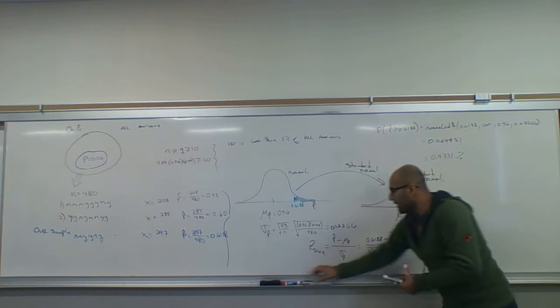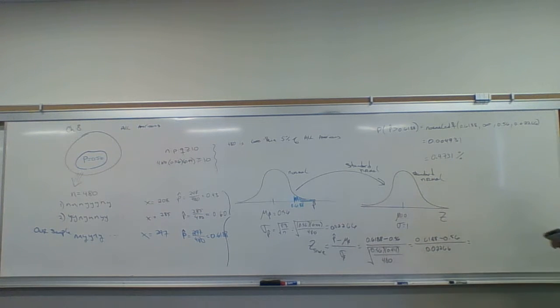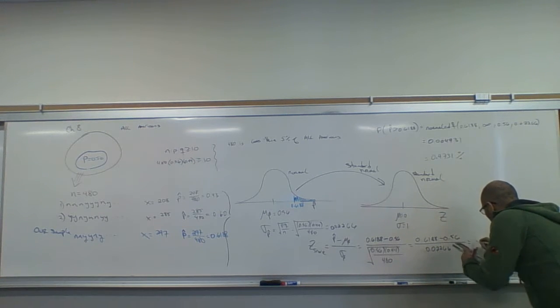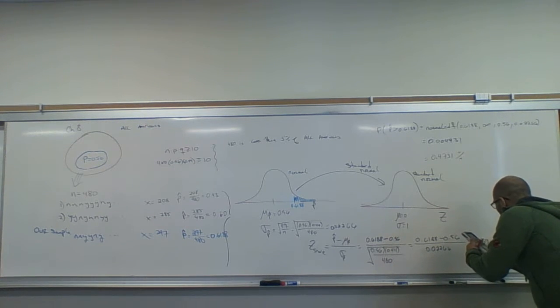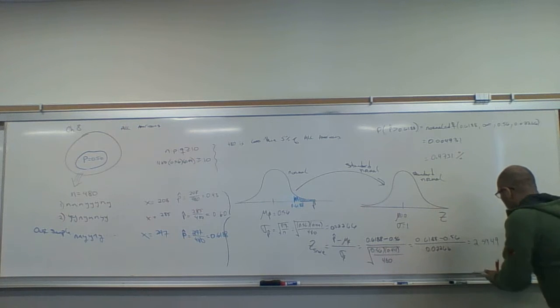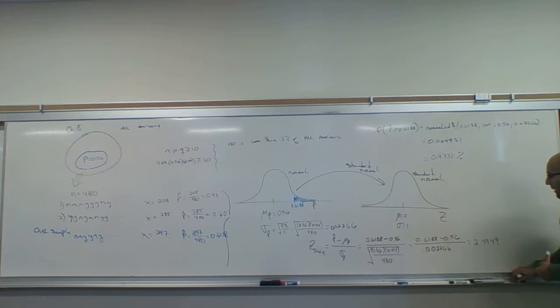Now we can get an actual value. 0.6188 minus 0.56 divided by 0.02266. I'm getting 2.5949. Pretty close to 2.6. Good?